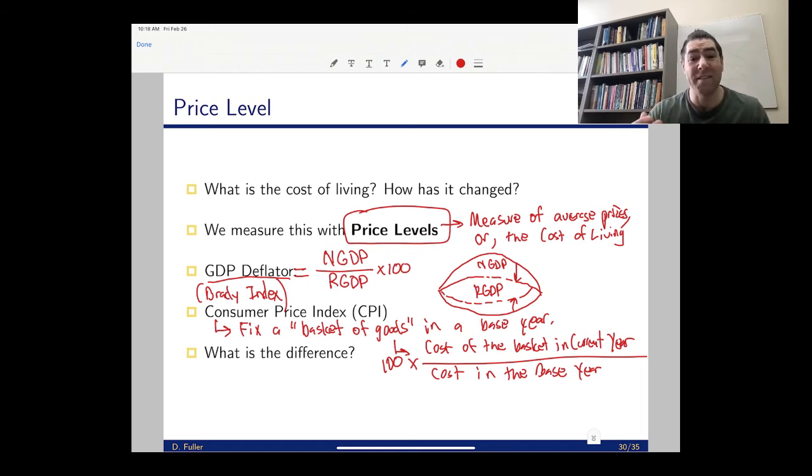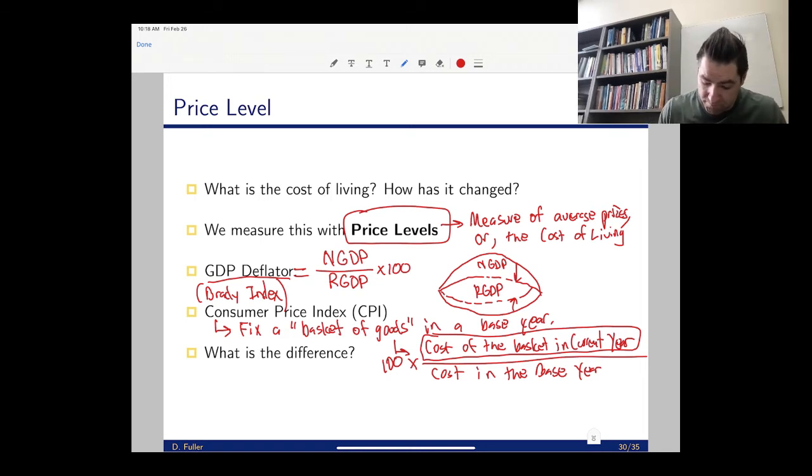So it's a very similar idea, right? In fact, this is kind of a very similar thing to nominal GDP. The only difference here is that I'm only taking certain goods and services in the basket, not everything. So what's the difference between the GDP deflator and the Consumer Price Index is the following.